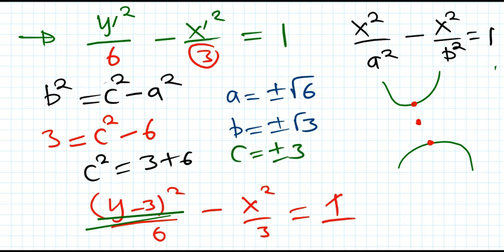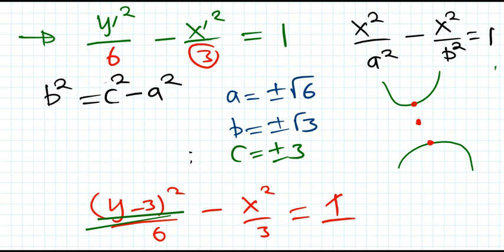Don't forget, b squared just represents c squared minus a squared, and when it comes to measuring the distance to the vertices and the distance to the foci, we use a and c and not the b squared that appears in the equation. And so that will assist us to indicate what the vertices are.